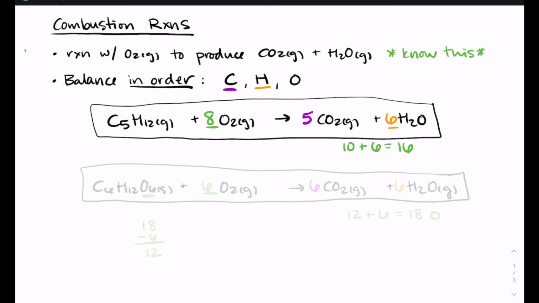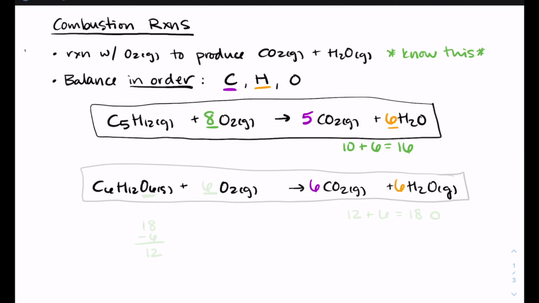Let's do another example, because we often combust things that have carbon, hydrogen, and oxygen in them. So let's take C6H12O6 solid and combust it. So react it with O2, and you get CO2 gas and H2O gas. Wonderful. We're still going to balance everything in order. So 6 carbons on the left, I'm going to put a 6 in front of my CO2. 12 hydrogens on the left, I'm going to put a 6 in front of my H2O.